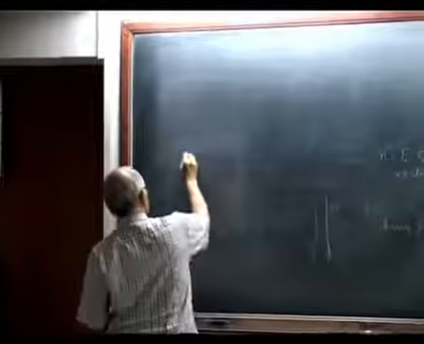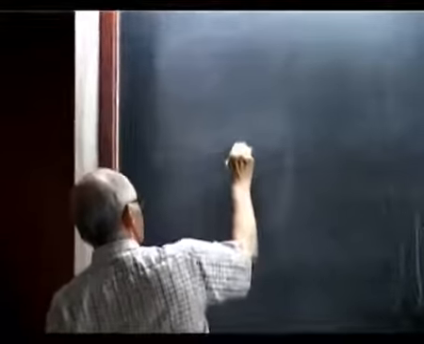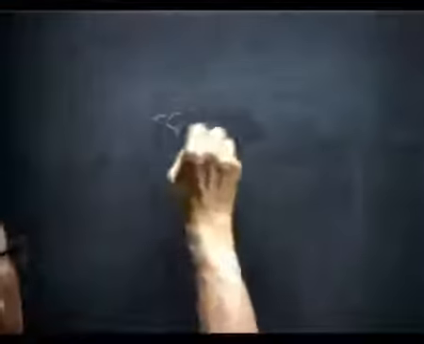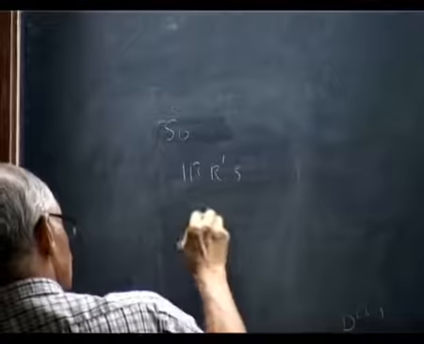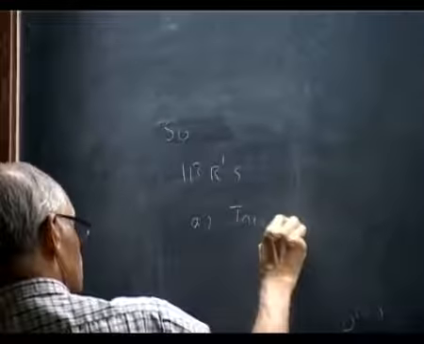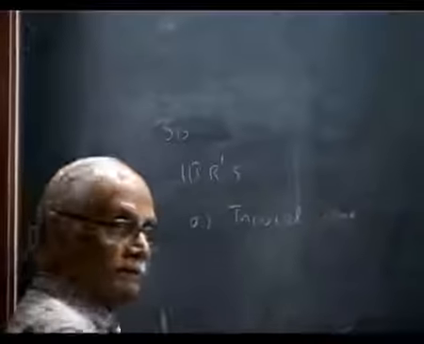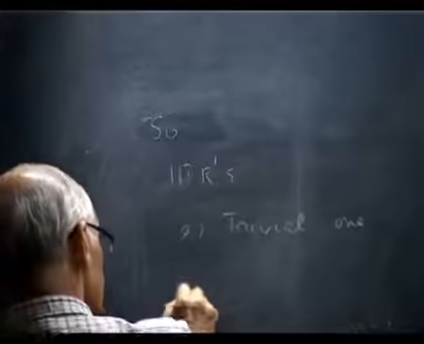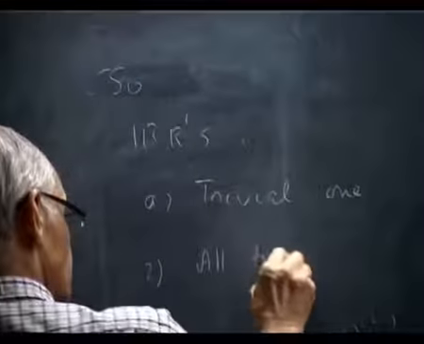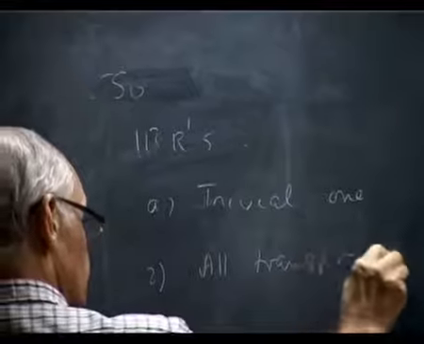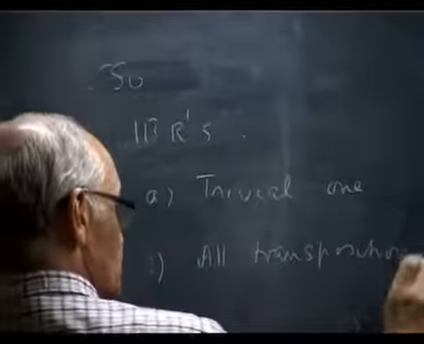So the one-dimensional irreducibles: one is trivial, where all elements go to 1. Second is where all transpositions go to -1.